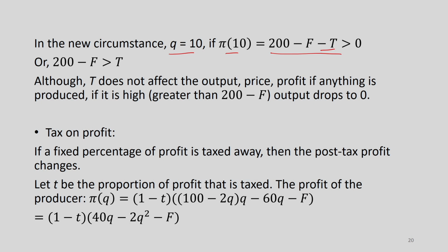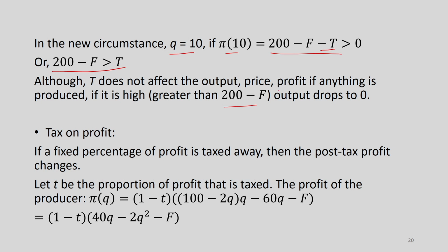The maximized profit cannot be negative, and that boils down to 200 minus F greater than T. Earlier it was 200 minus F greater than 0. Although T does not affect the output price, if it is greater than 200 minus F, output drops to 0.